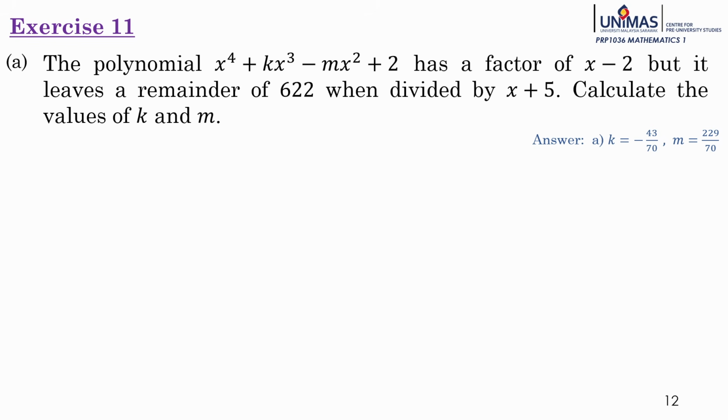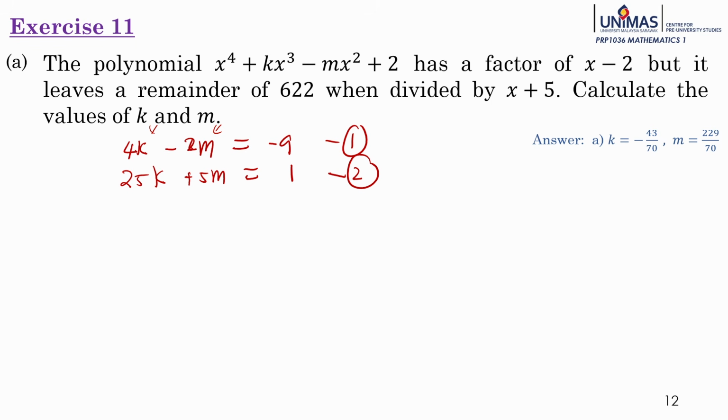Now we solve the simultaneous equation. Our equation before is 4k minus 2m equals negative 9. The second one is 25k plus 5m equals 1. I'm using the elimination method. To solve this, we have to make sure either k or m has the same value. So I choose m.